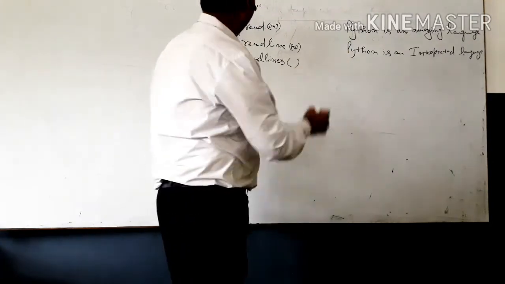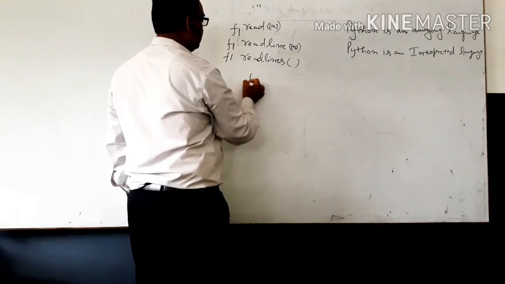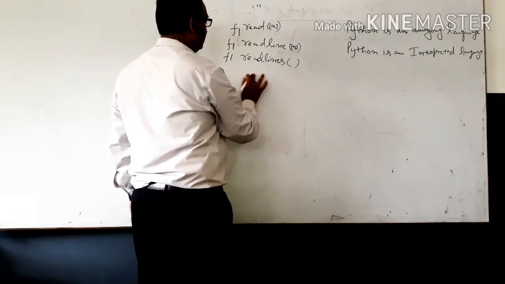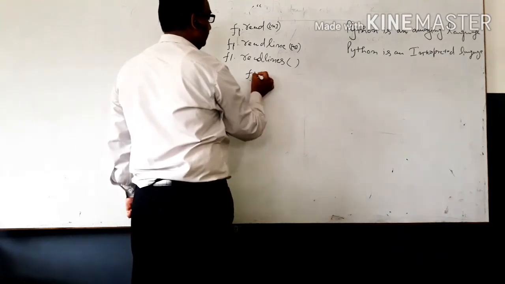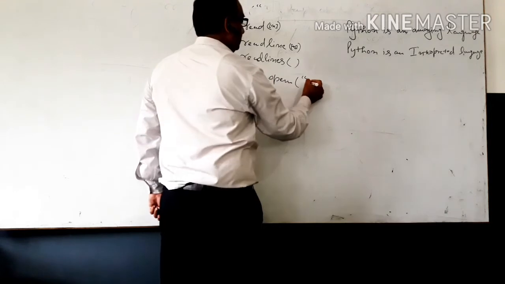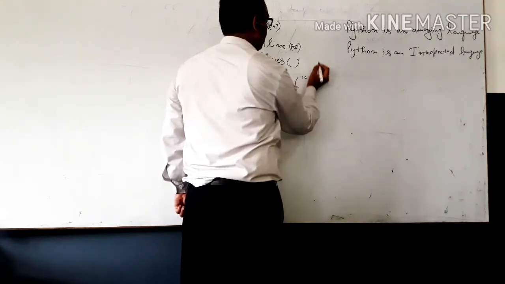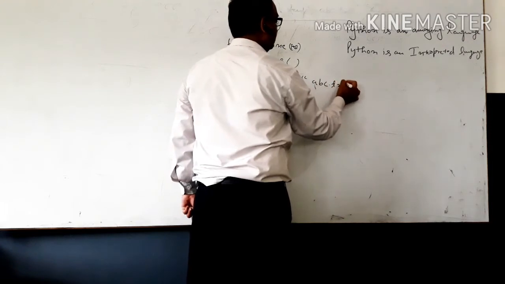Python is an interpreted language. So if you are using f1.readline, what's going on? First you can write f1 is equal to open abc dot txt.